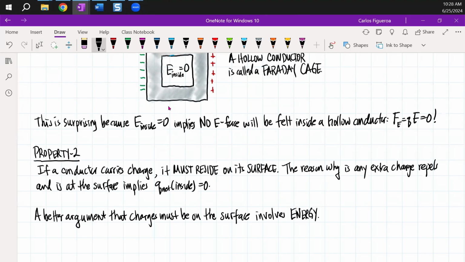And this is something that I said earlier, and this is just a reminder that nature always seeks the lowest possible energy state.